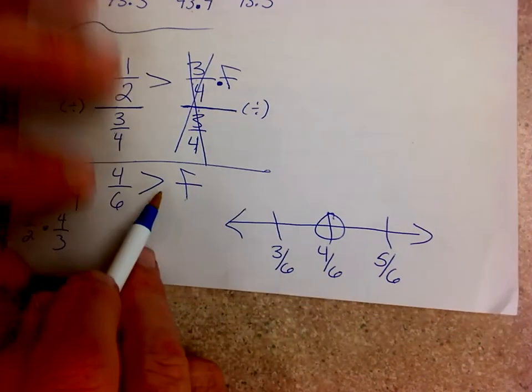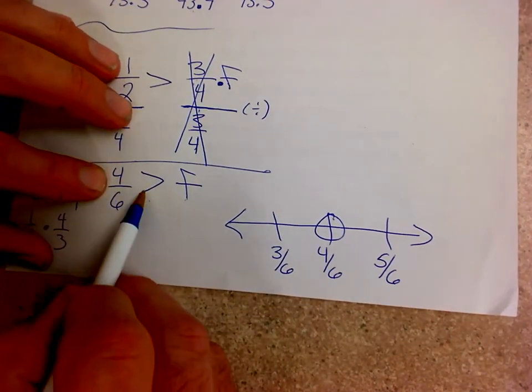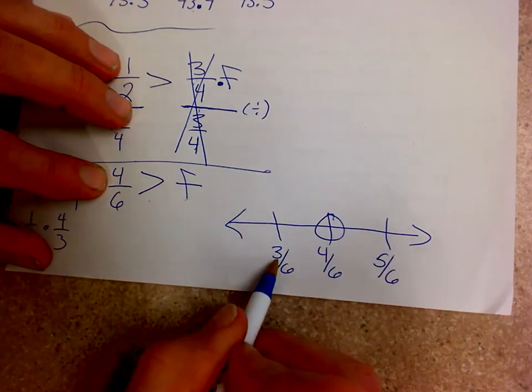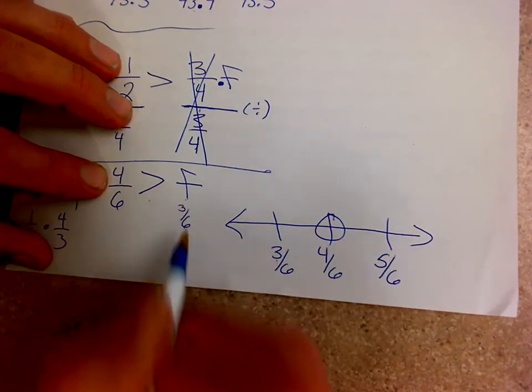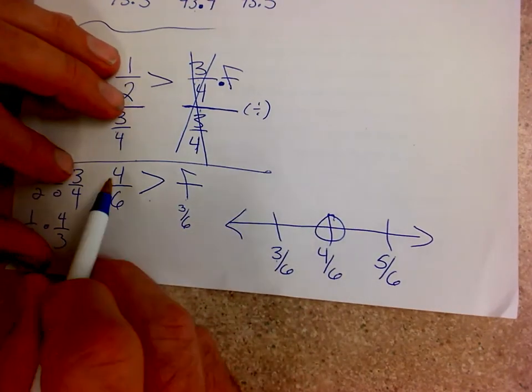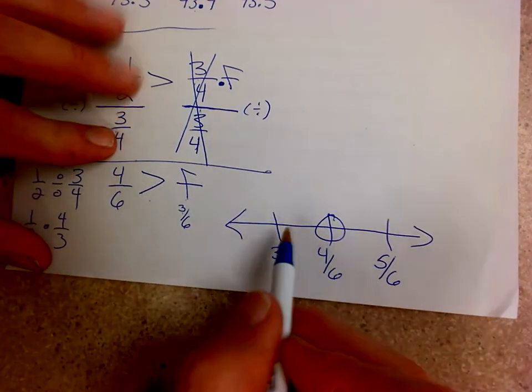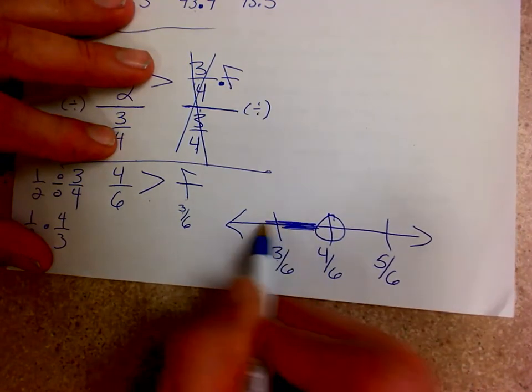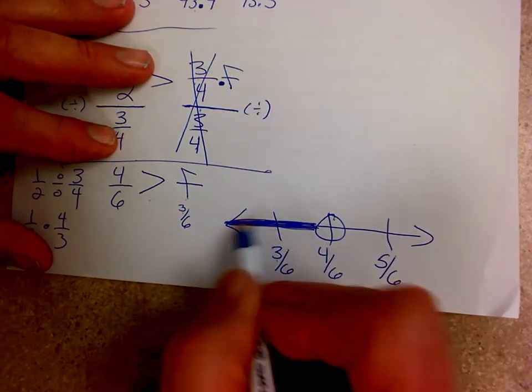If I substitute 3/6 in there, 4 is greater than 3. Does that make a true statement? Yes, it does, so that's the way we want to shade, because that works in our equation.